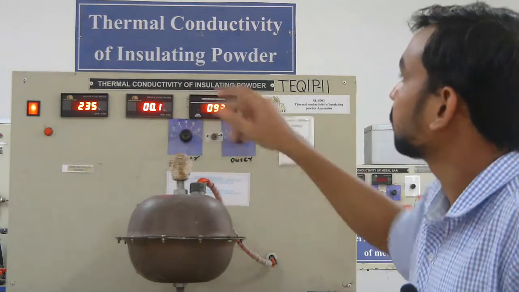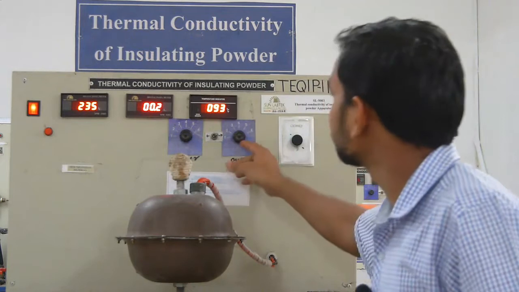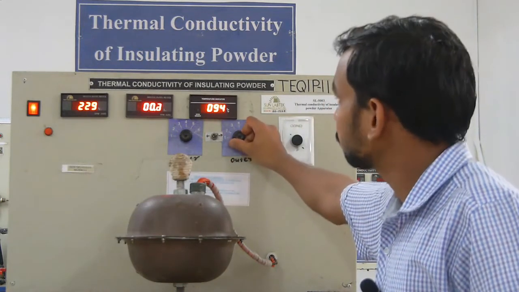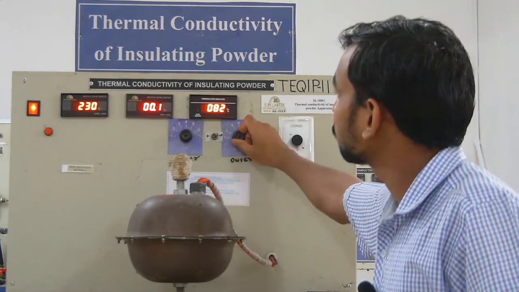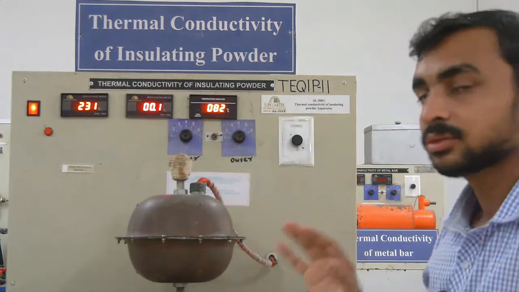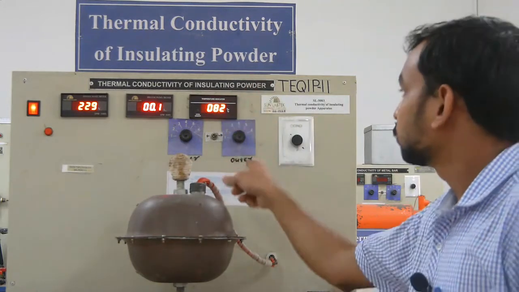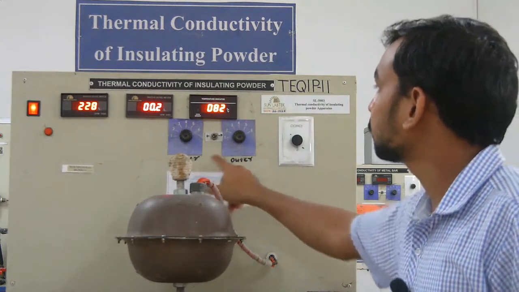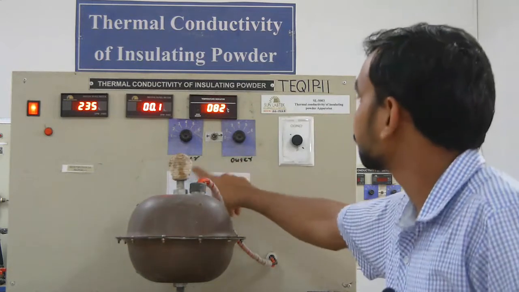The temperature at the inner surface is 93, at present it is showing at T5, then T6, similarly T4, T3. Here it is mistakenly written as outer or inner, but actually it is inner and outer.